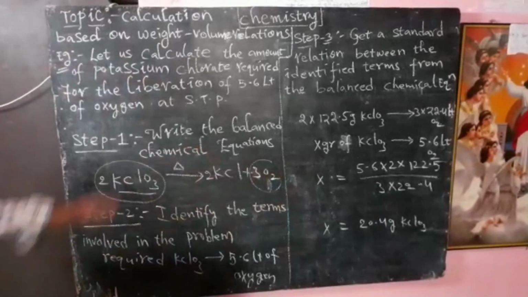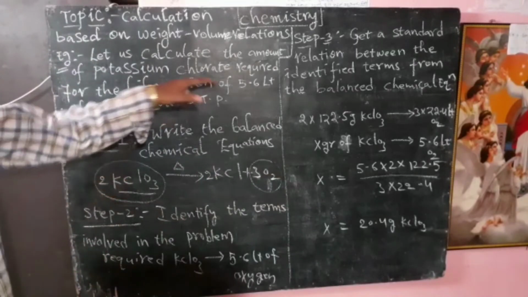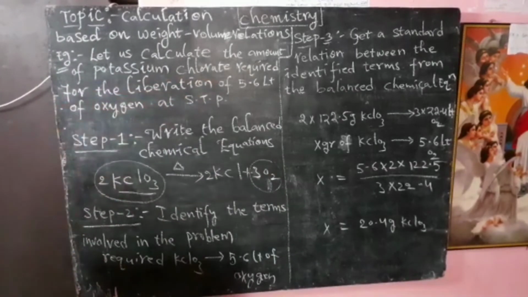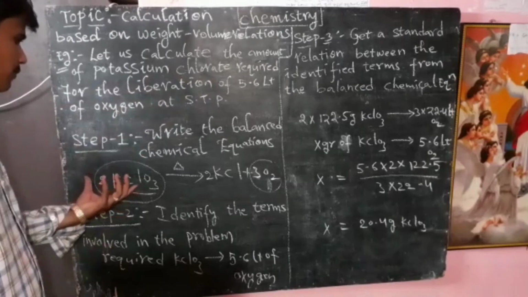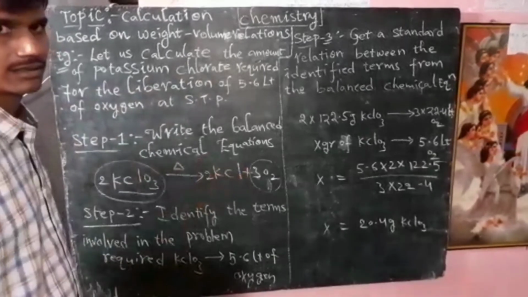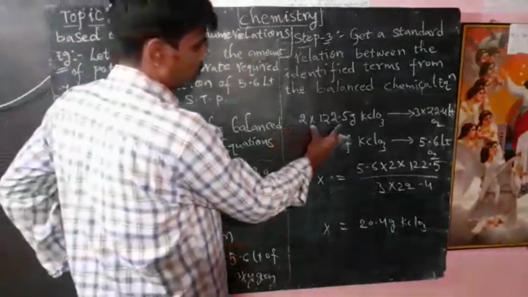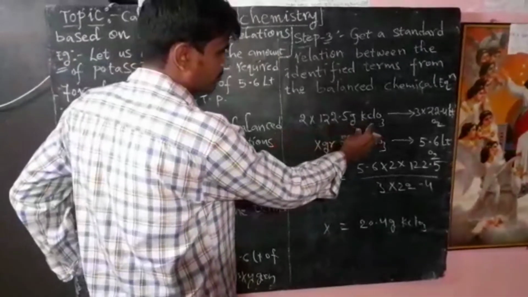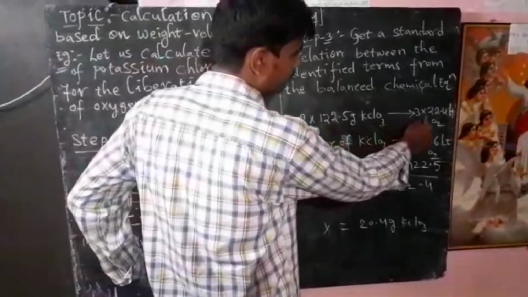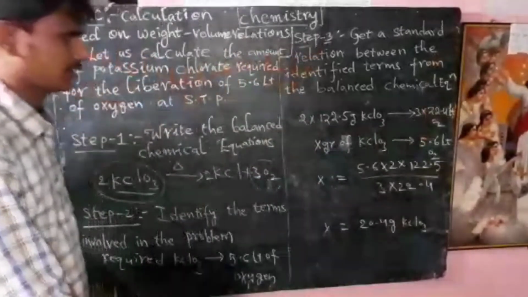The question asks how much potassium chlorate is required to produce 5.6 liters of oxygen, so we concentrate on potassium chlorate and oxygen. So 2 into 122.5 grams of potassium chlorate reacts to give 3 into 22.4 liters of oxygen.